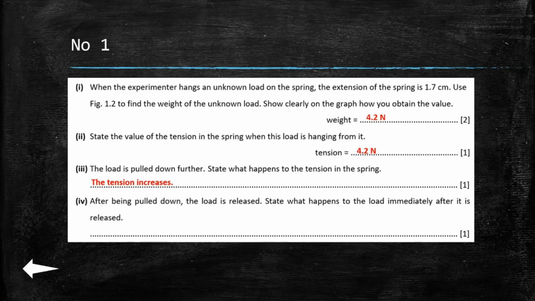Then the tension will be greater than the load. Remember, the direction of the tension is upwards. So, the tension will pull the load upwards. The answer can be: the load is pulled up by the tension of the spring, or the load goes up, or the load moves upwards.